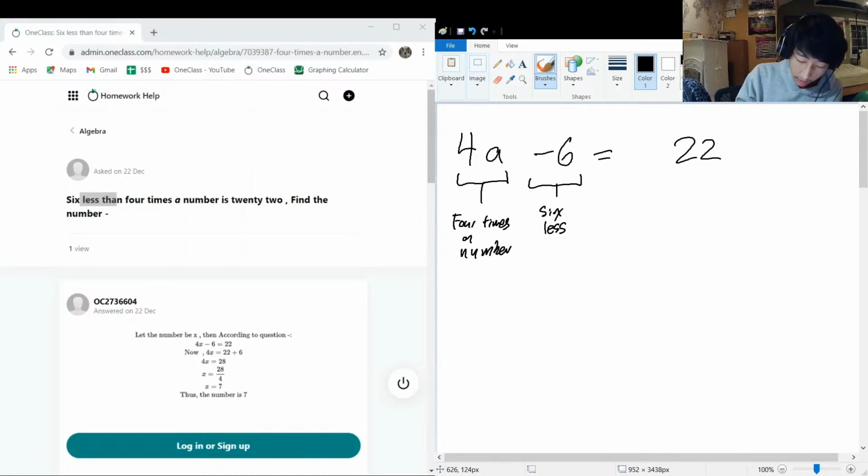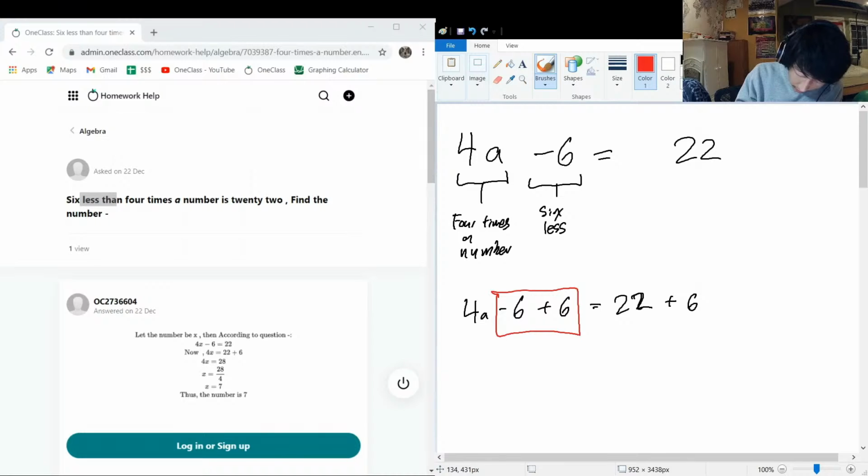So let's do some quick algebra here. Let's add 6 to both sides. So we're going to have 4a minus 6 plus 6 is equal to 22 plus 6. And you can see here that the minus 6 plus 6 gets zeroed. Okay, so we will just have 4a is equal to 22 plus 6, which is equal to 28.